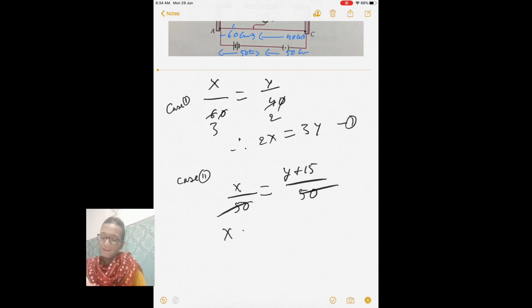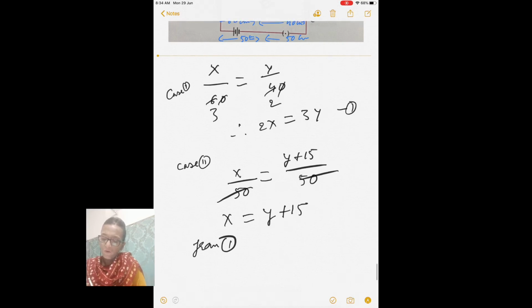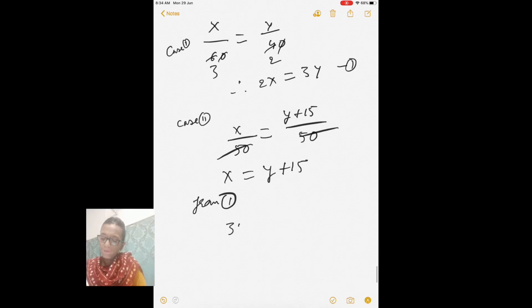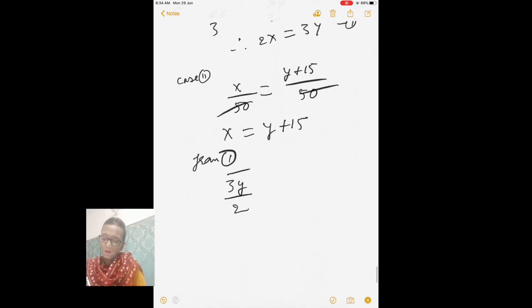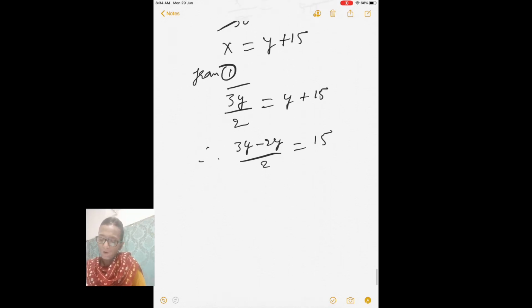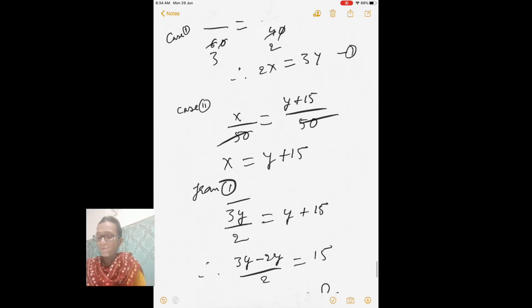So when you cancel the 2, you find that x is equal to y plus 15, and from 1, 3y upon 2 is equal to y plus 15. Therefore, (3y minus 2y) upon 2 is equal to 15, and therefore y comes equal to 30 ohm.